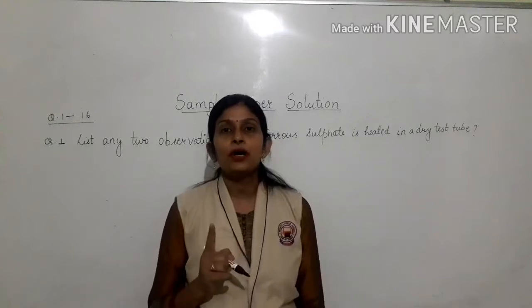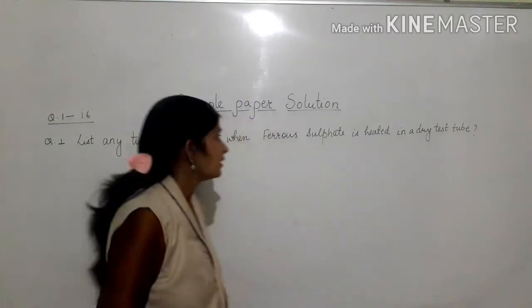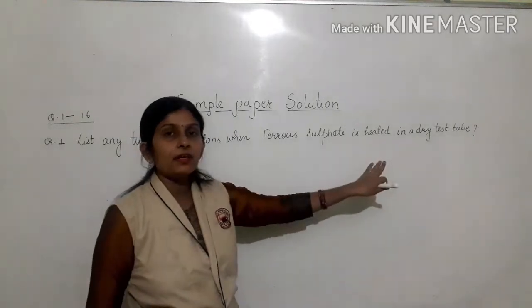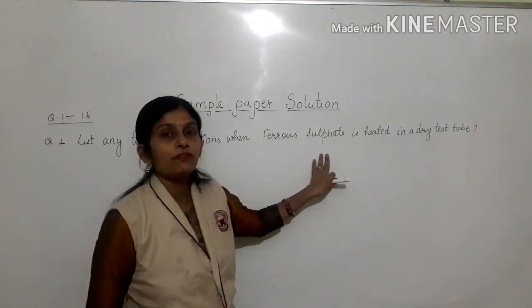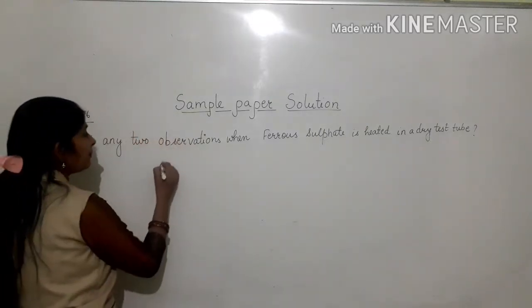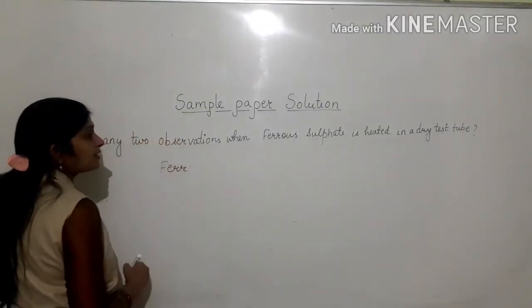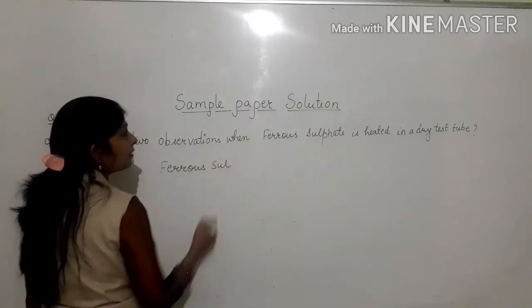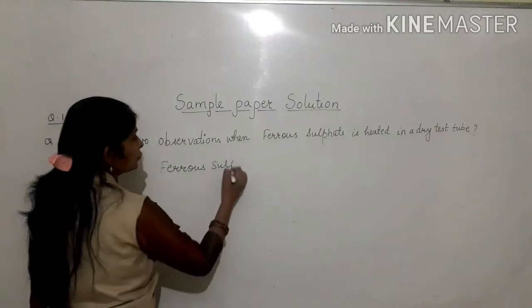So keep this point in your mind that here ferrous sulfate is given, but you have to start this question from ferrous sulfate crystal. Okay, so now what happens when ferrous sulfate crystals are heated in a dry test tube?